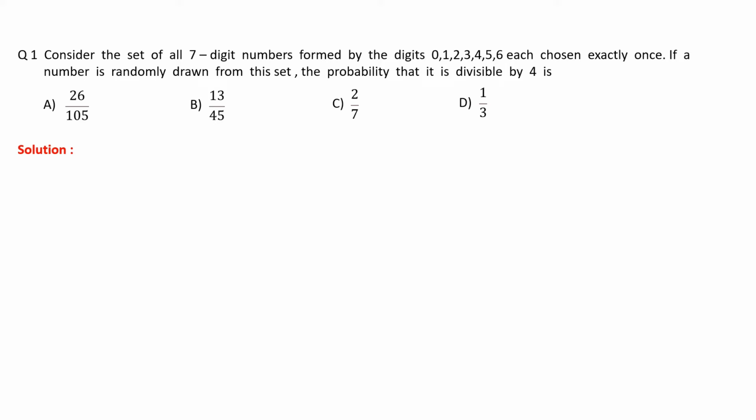Basically, we know that the probability of an event is the number of favorable cases upon the number of exhaustive cases. To find the number of exhaustive cases, we will have to find the total number of 7-digit numbers that can be formed by using these digits exactly once. For that purpose, I am making 7 blocks.